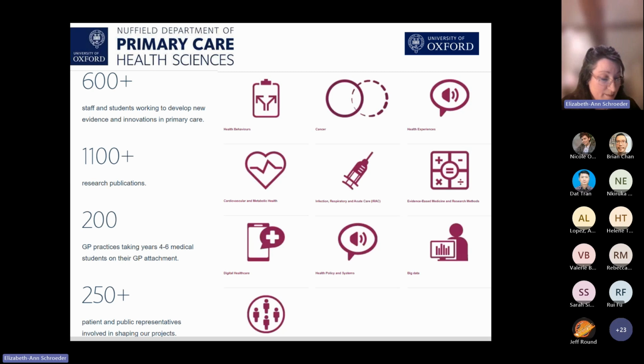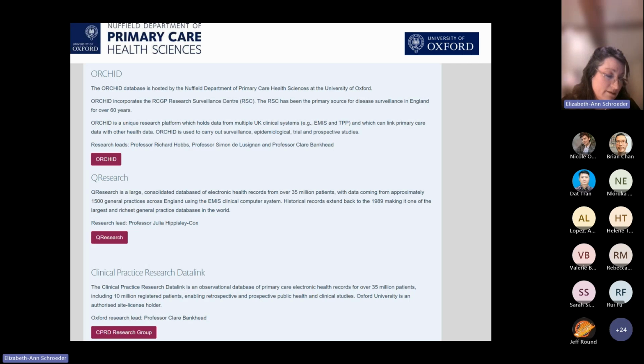We're quite a large department and our key research themes are cancer, cardiovascular and metabolic health, infection, respiratory and acute care, evidence-based medicine, and clinical trials. We're also well known for building a large suite of big data sets for data analytics.